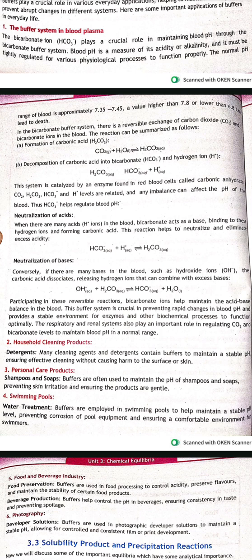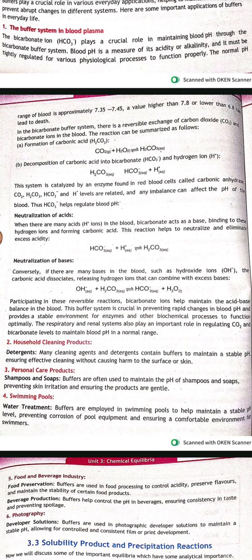So we are basically using this type of buffer in our body. In the bicarbonate buffer system there is a reversible exchange of carbon dioxide and bicarbonate ions. Formation of carbonic acid, H2CO3, is the first step. Then decomposition of carbonic acid into bicarbonate and hydrogen ion. The system is catalyzed by an enzyme found in red blood cells, which is carbonic anhydrase.